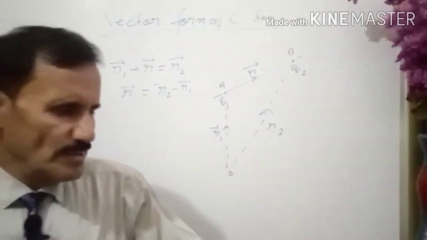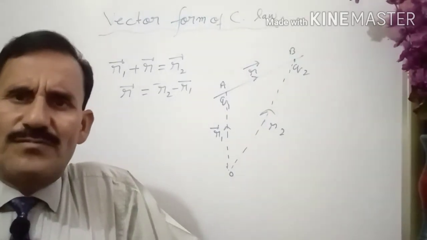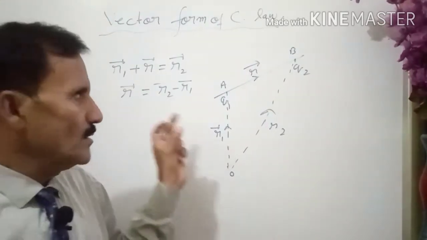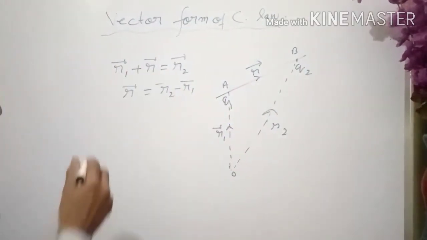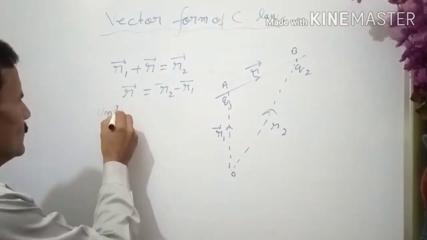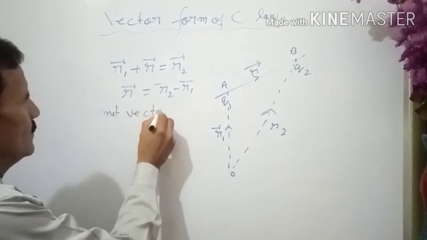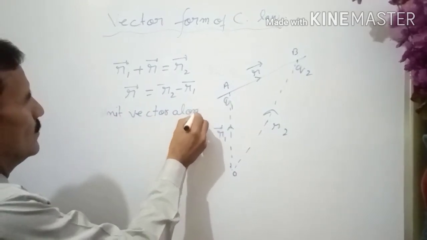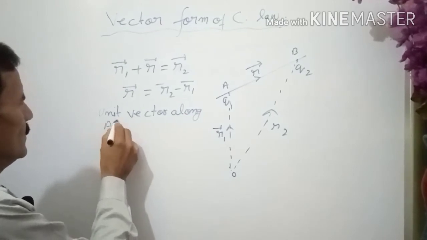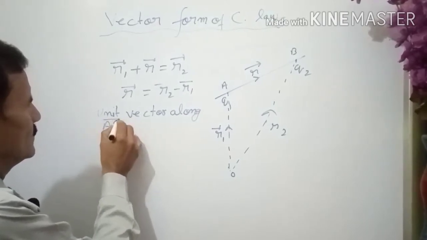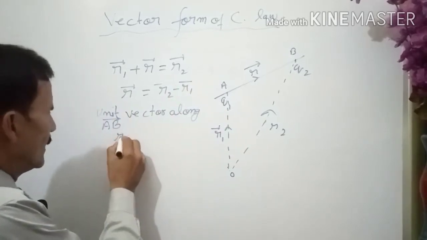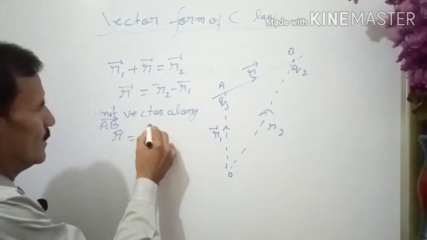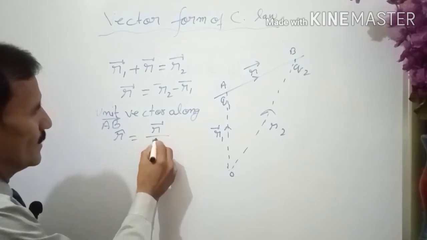Why are we doing this? Because we are interested in finding the unit vector along AB, that is R. In direction AB we are taking, not BA. So R cap is nothing but R divided by its magnitude.